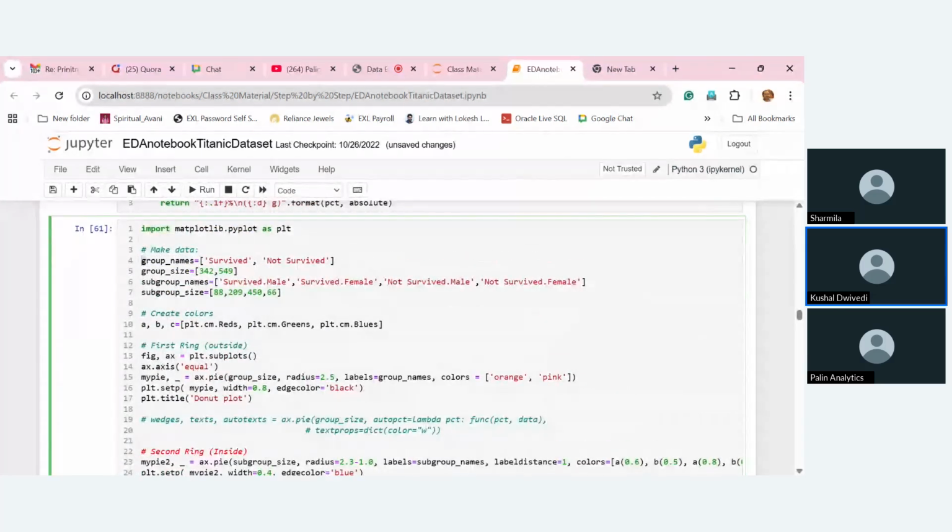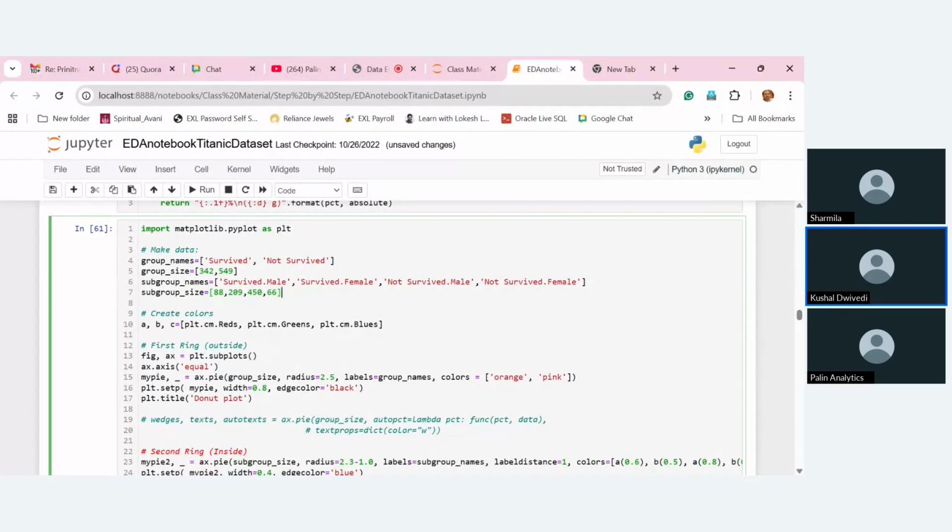The external ring is survived and non-survived, and their group sizes are 342 who survived and 549 who did not survive. Then subgroup names: survived male, survived female, non-survived male and non-survived female, and the counts are 88, 209, 450, and 66. So only 88 of the survivors were male and 209 were female. So that's how you can understand it.